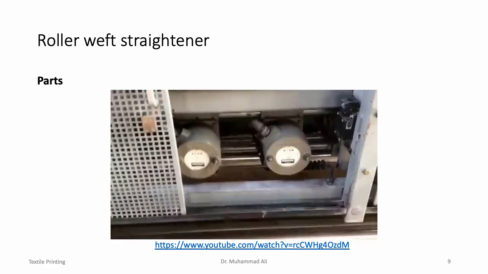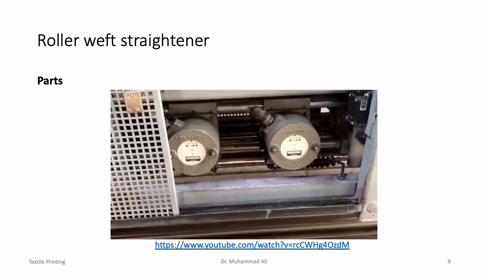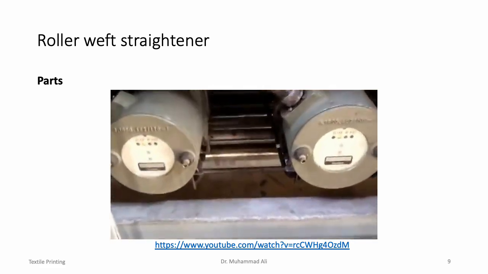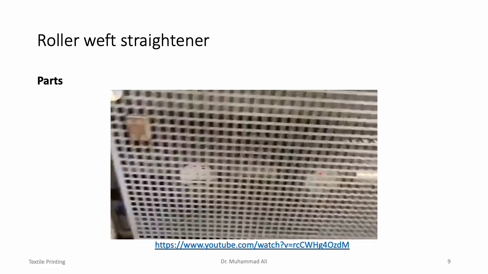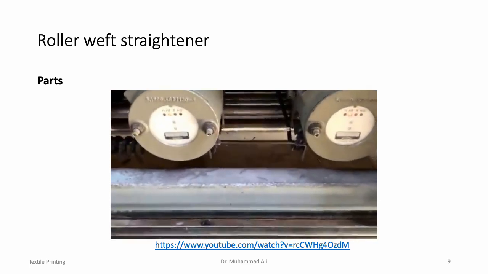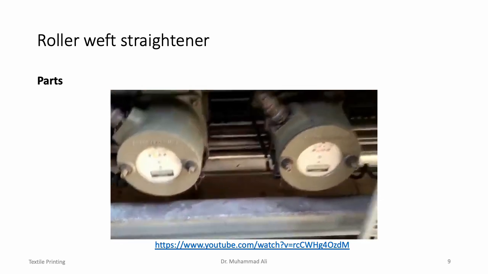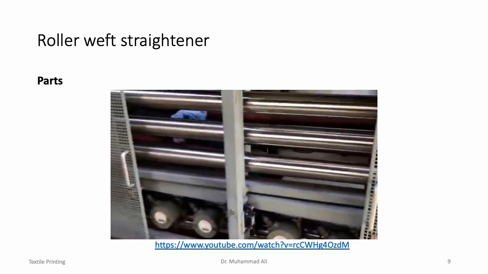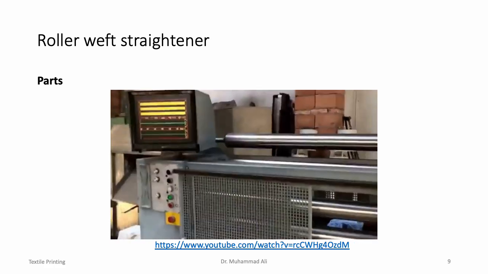These are the sensors. Now the machine is not working right now. However, even if the fabric is being processed through the machine, these sensors will be stationary at their places.